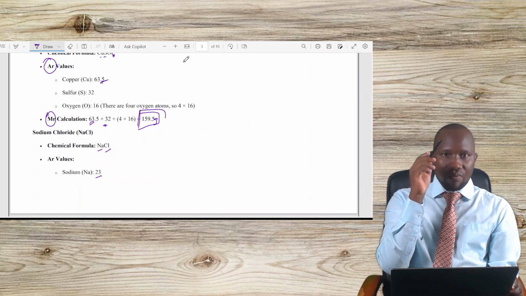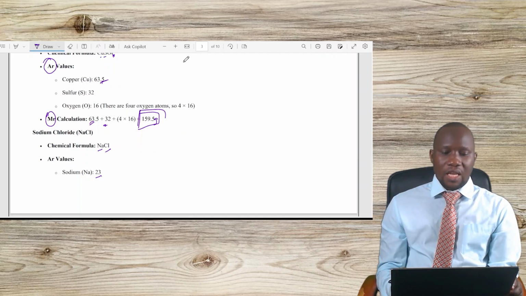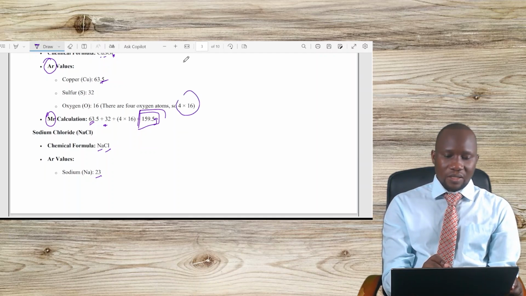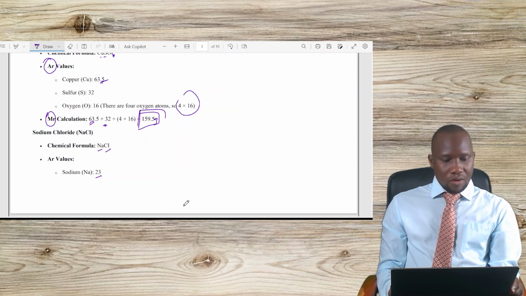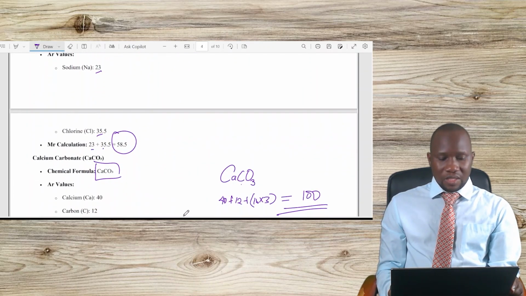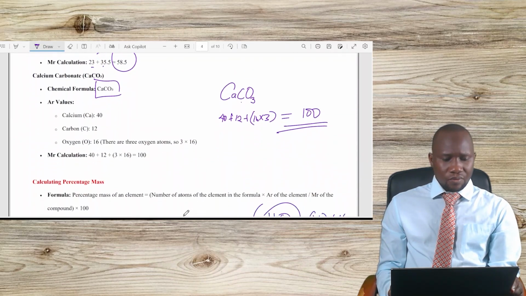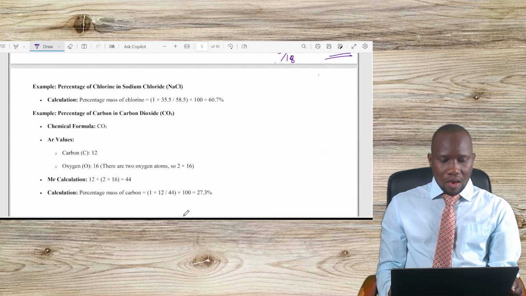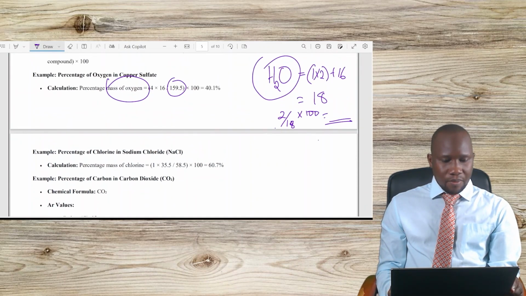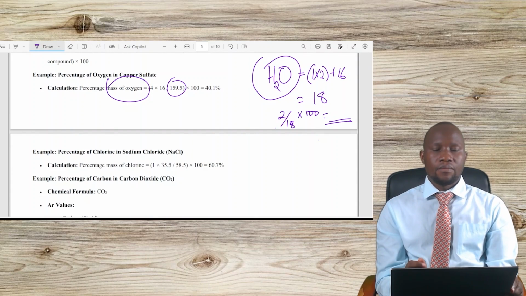So this is out of the one for oxygen, and the oxygen in copper sulfate is basically 4 times 16.